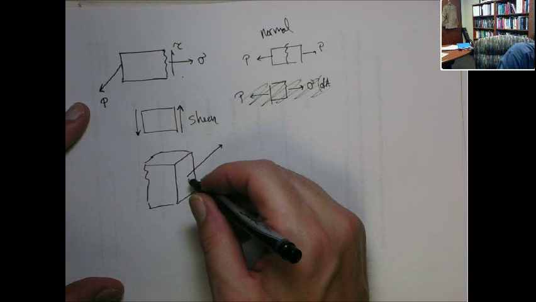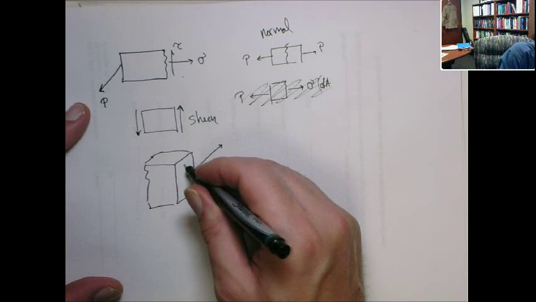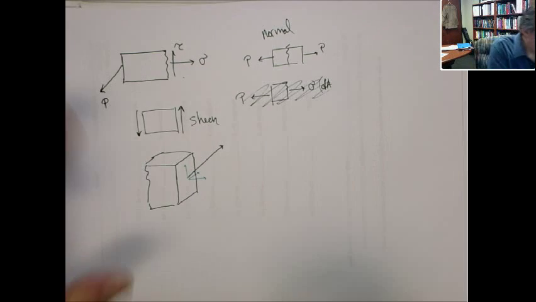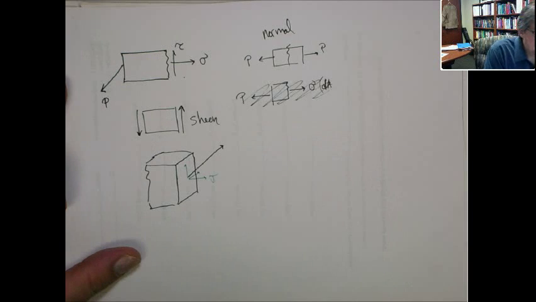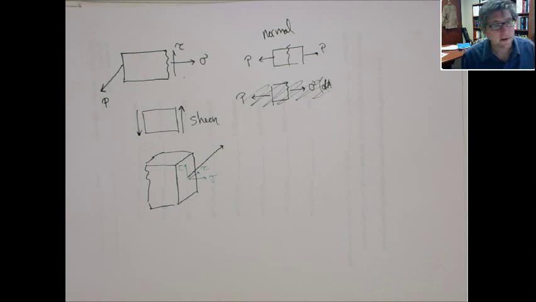So this might have a component in this direction, and this direction. So this is the normal stress, and then you have two shear components. And they're actually different shear components.